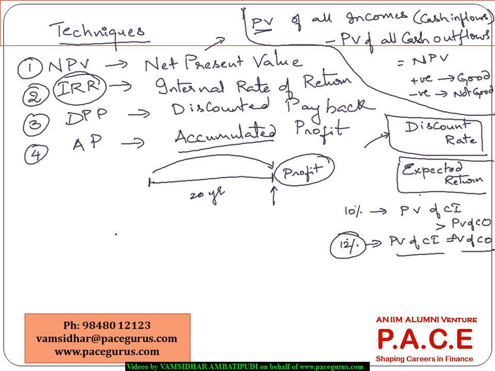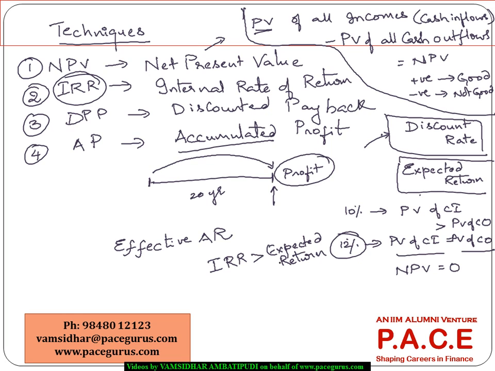In other words, it is that effective annual rate of return where NPV, the net present value, becomes zero. As an investment decision, if that IRR is greater than the expected return, then it is good to invest in that project, otherwise it is not.